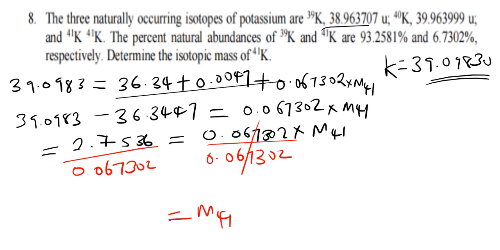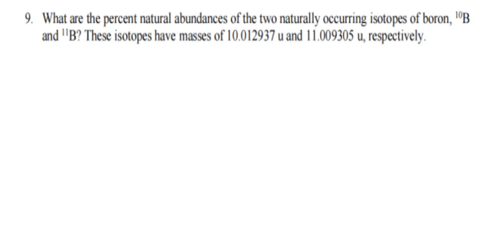So this is 2.7536 divided by 0.067302. I'm getting 40.9. So that is 40.9 units. That is what we have as the isotopic mass of potassium 41. Basically that is how we solve this type of equation.